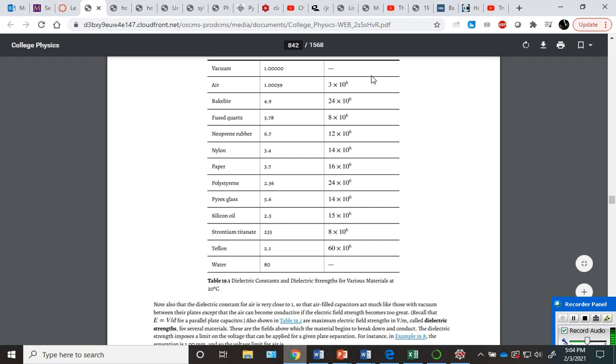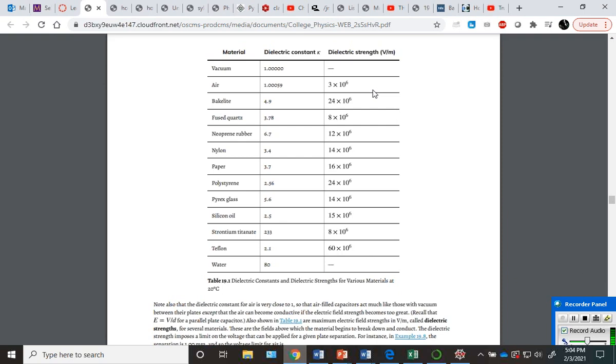The dielectric strength is a measure of the maximum electric field that I can have across this dielectric material. Now, there isn't necessarily a strong relationship between the value of the dielectric constant of a material and the dielectric strength of a material. So, for instance, we can take a look at strontium titanate, and it has a dielectric constant of 233 and a dielectric strength of 8 million.